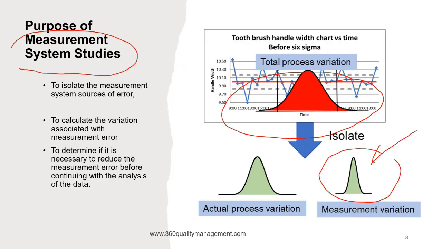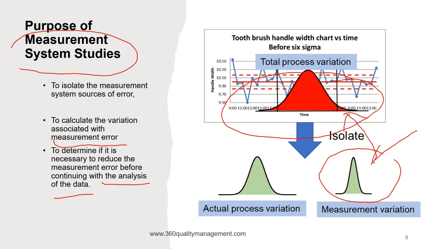There is a way to calculate the variation that is associated with the measurement error, and from the calculation, we will need to know whether action can be taken to reduce the measurement error if it is not fulfilling the acceptance criteria before we continue the analysis of the data, as we do not want this component to have too much influence on the measurement.